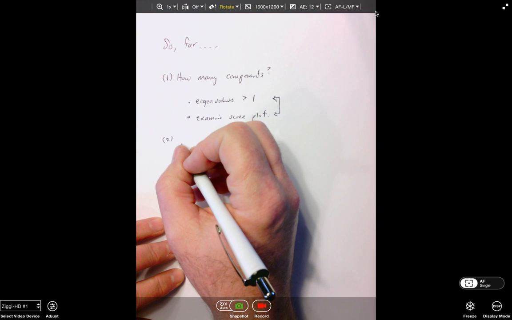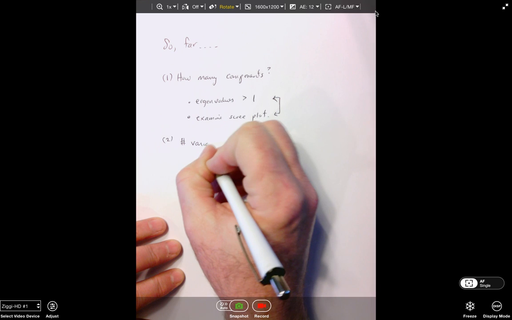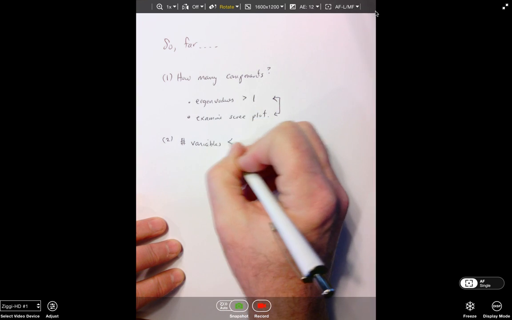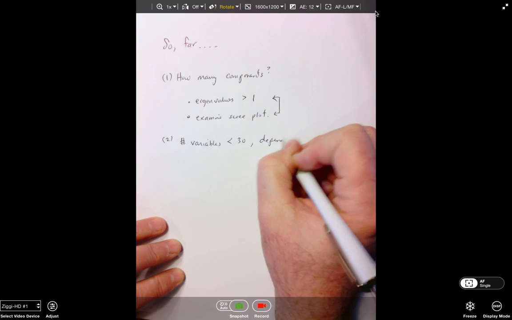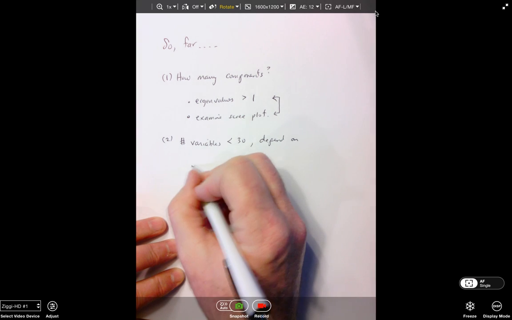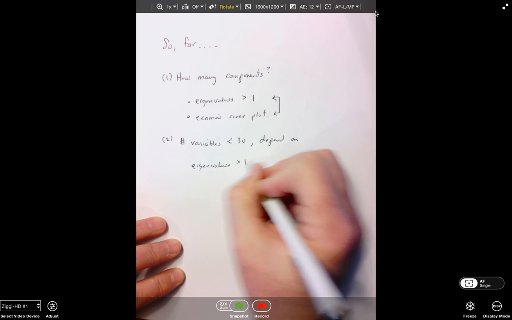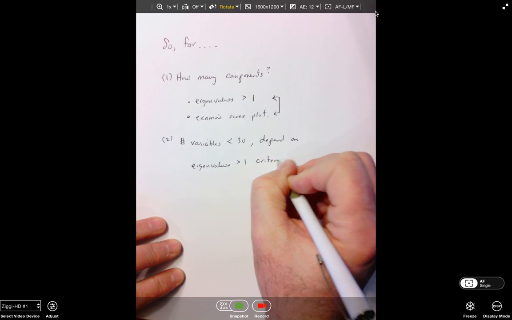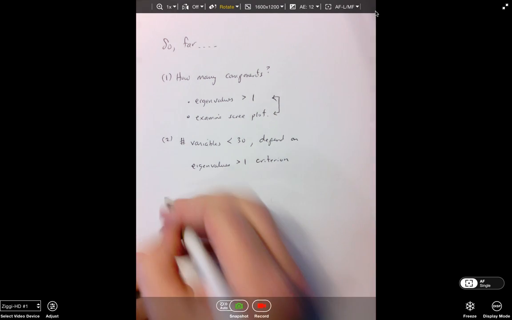One rule of thumb, I will tell you, is when the number of variables is less than 30, depend on the eigenvalues greater than 1 criterion. Okay?